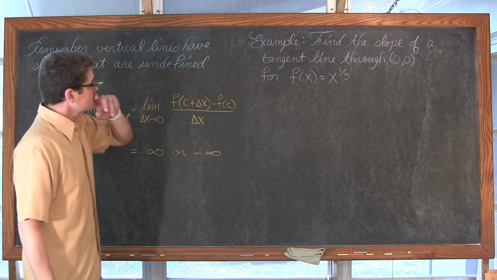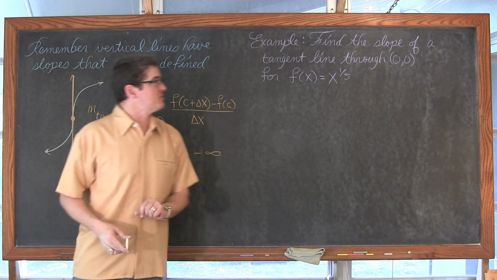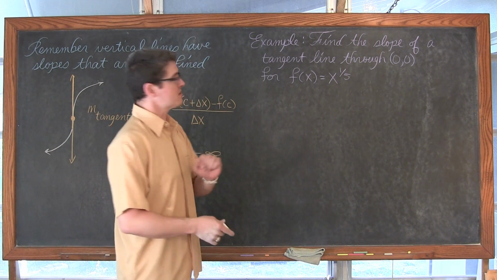So over here, we're just plugging along, doing our homework: find the slope of a tangent line through 0, 0 for f of x equals x to the 1/5.